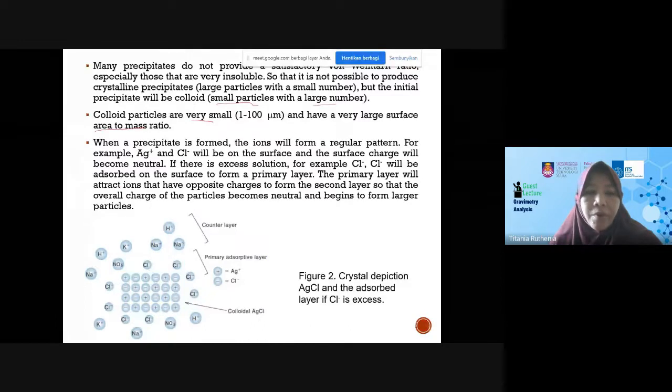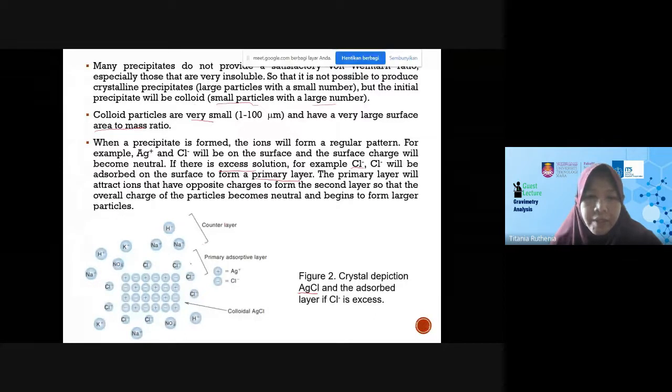So when a precipitate is formed like this, for example, AgCl is easy to use as an example, it will have a pattern: Ag, Cl, Ag, Cl. Because of plus and minus, the electronic charge will be neutral, because Ag plus and Cl minus are already balanced. However, if there is excess solution, for example Cl minus, it will be adsorbed at the surface, here, and it will form what we call the primary layer.